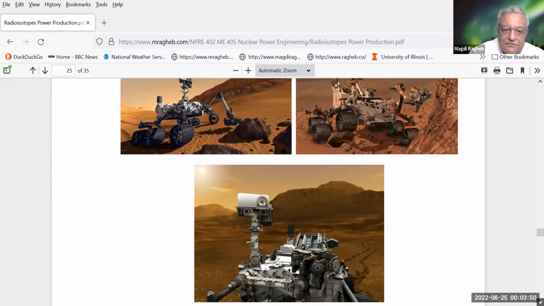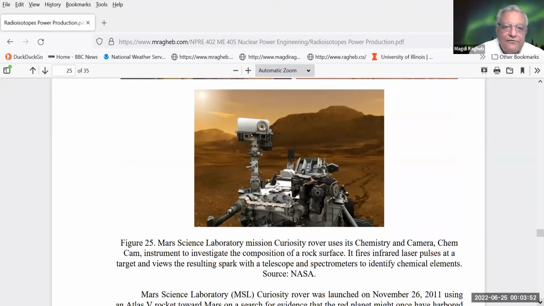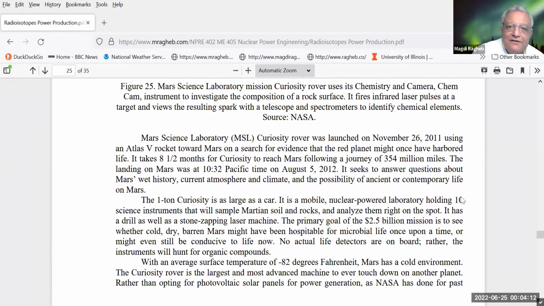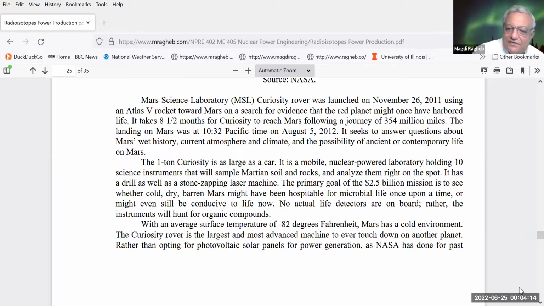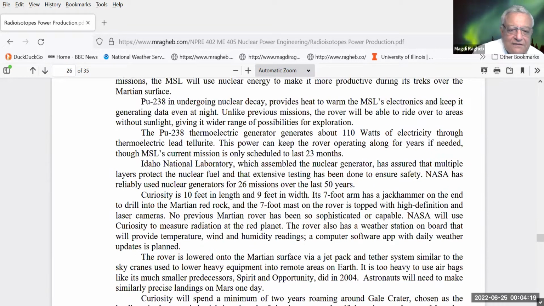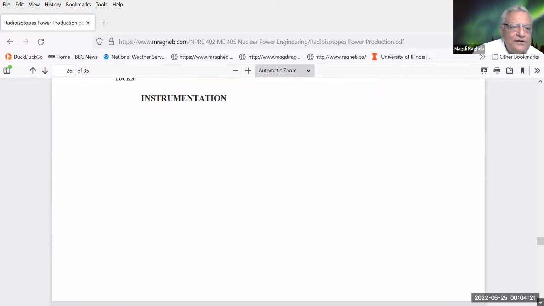The idea here is to explore for the possible existence of life on Mars, and people think maybe it exists in the permafrost on Mars itself. So it uses quite a bit of instrumentation that needs lots of power from our plutonium-238 sources in general. It landed on November 26, 2011 on Mars, and it is still operating right now.